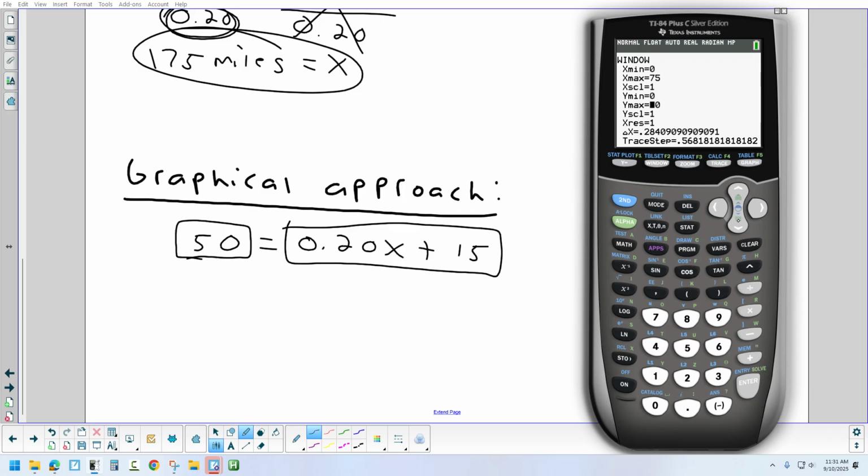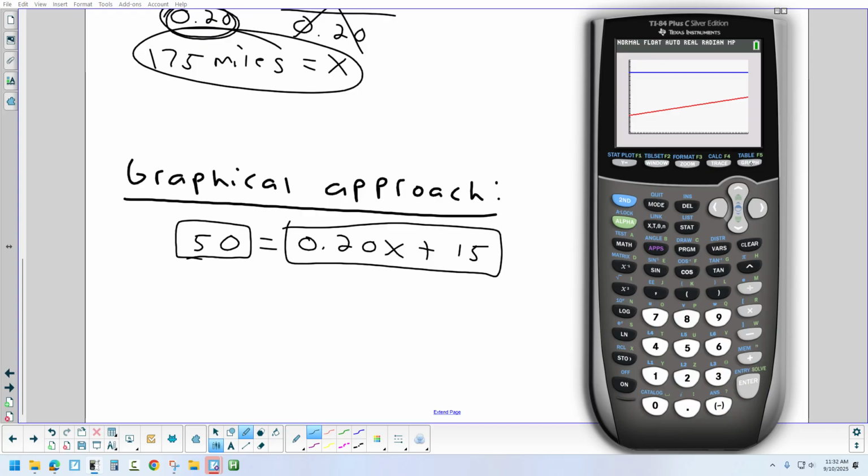Yeah, 50. We have a horizontal line at 50. So we need to make sure we go at least to 50, and we should probably go a little bit more, so it's not right on the edge of the screen. Now when you hit graph, there's your horizontal line at 50, and there's the cost for the car increasing as you drive more and more miles.